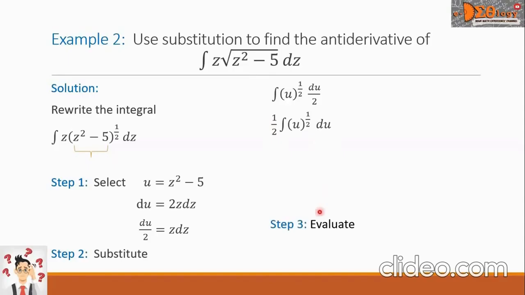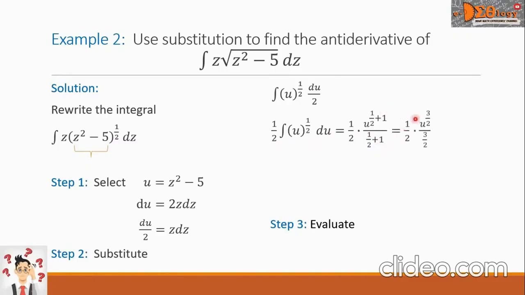And we can do step 3 to evaluate the integral. Let us use the power rule in here. So we have the constant 1/2 times u raised to 1/2 plus 1 all over 1/2 plus 1. The 1/2 plus 1 is equal to 3 over 2.